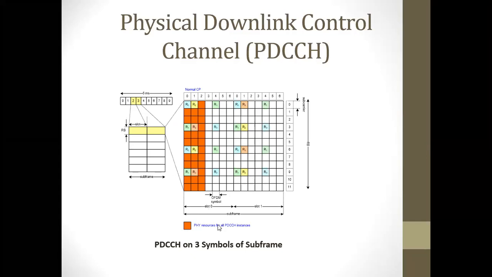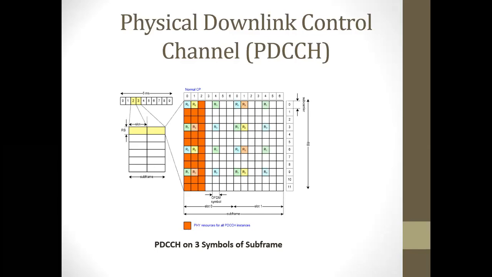There is nothing specified. You may even allocate all the resources to just one user, or you can allocate very small resources to every user and make the number of users very high.